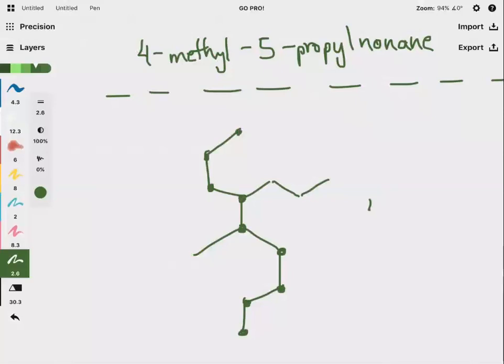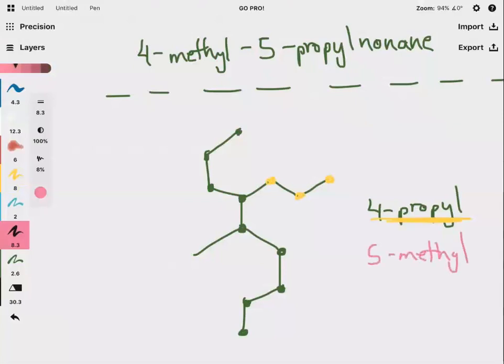However, the 4 is going to be a propyl. Right here it is. Our 4-propyl is going to be right here, 1, 2, 3. And our 5 position is going to be a methyl, which is this guy right here.